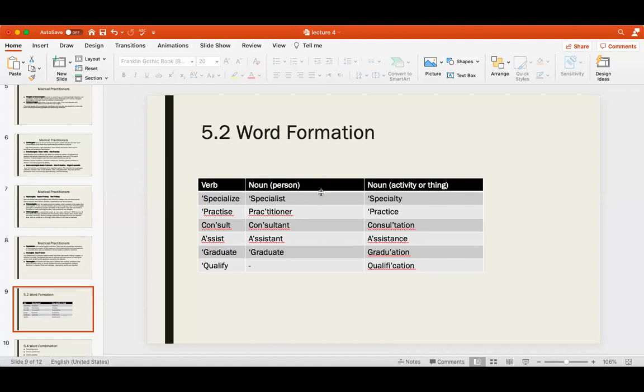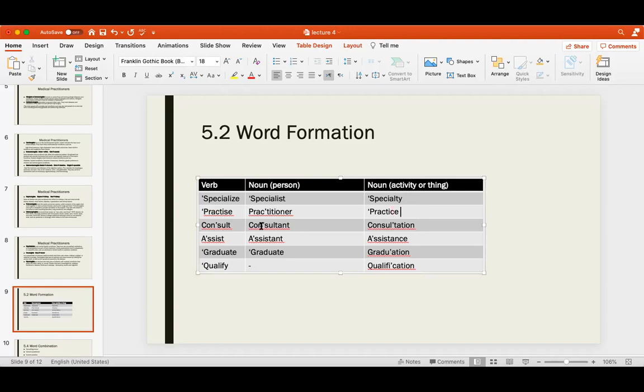So we will say the person and the activity or the thing. Like we have practice, practitioner, and practice with C. So here we have practice with S, means يمارس. Practice with C means ممارسة, the noun itself.